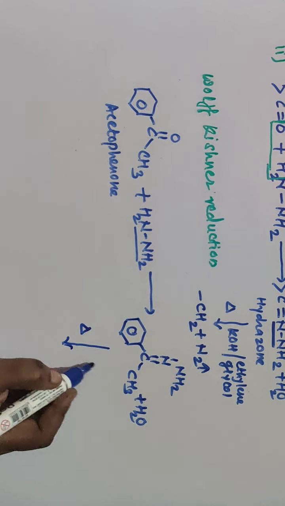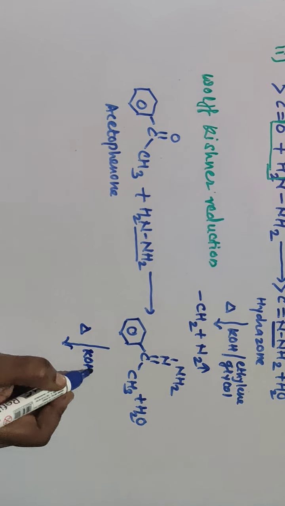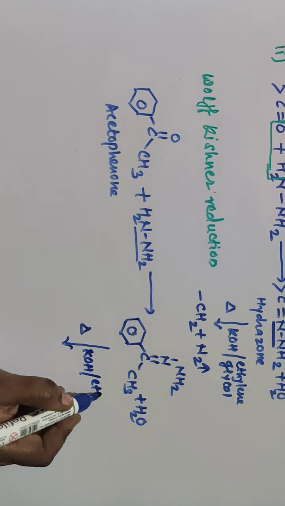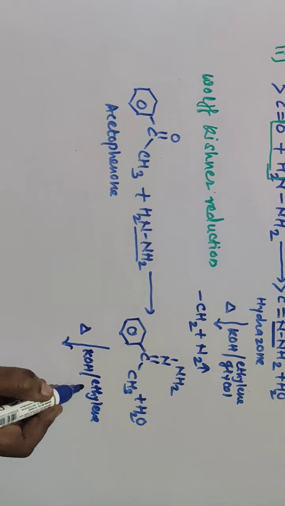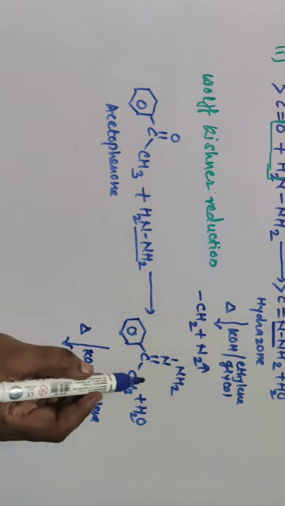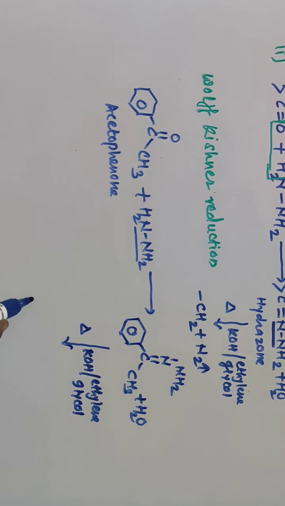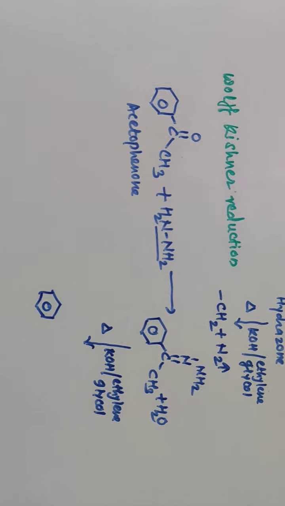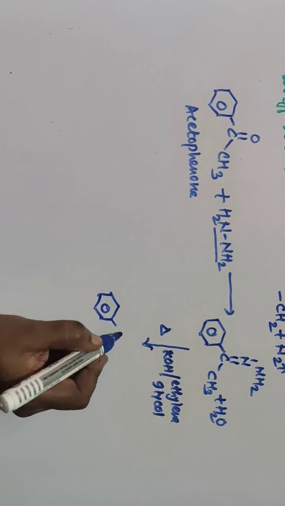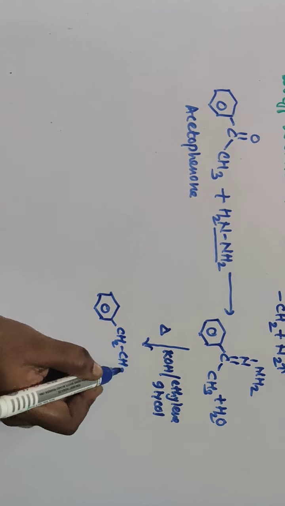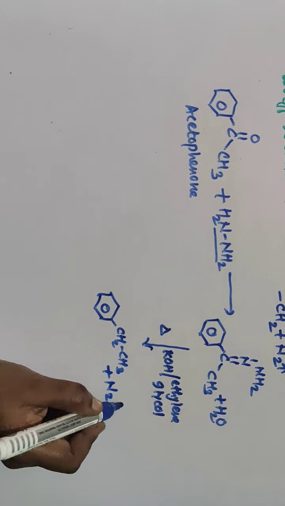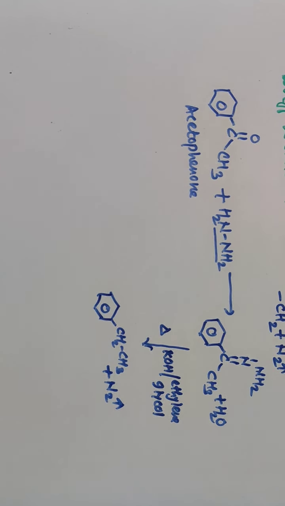This compound on heating with KOH and ethylene glycol, the two nitrogen atoms are removed from the compound and your product will be C6H5, then CH2 and CH3, plus nitrogen gas. So using Wolff-Kishner reduction, you will get a product in which straight chain alkyl groups are attached directly to the benzene ring. You will get alkyl benzenes there.